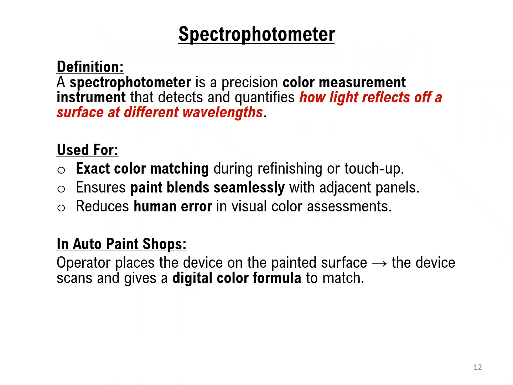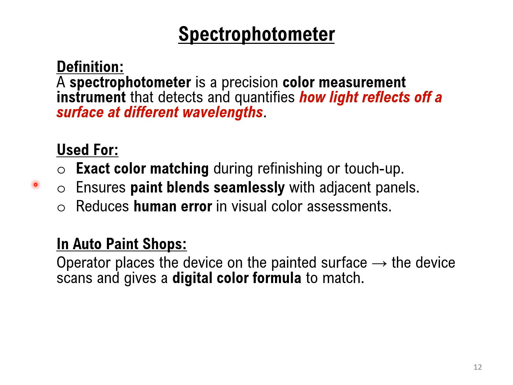A spectrophotometer is a precision color measuring instrument that detects and quantifies how light is affected by a surface at different wavelengths. It is used for exact color matching during refinishing or touch-up. It ensures paint blends seamlessly with adjacent panels.